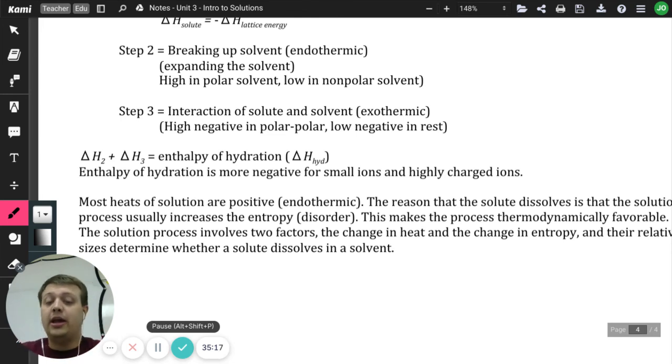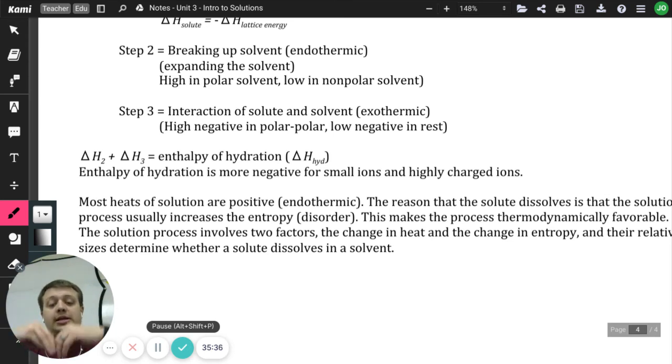Next, step 3, the interaction of our solute and solvent. So this is where we've got our solute and our solvent, and they're actually forming a bond with one another. And so that's going to be an exothermic reaction, because anytime we form that bond, all the excess energy is released.